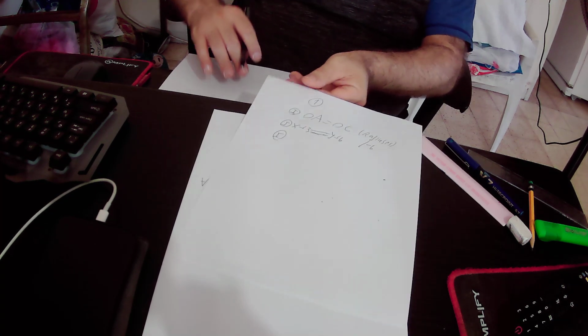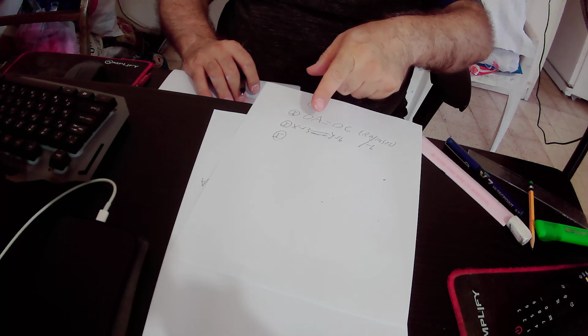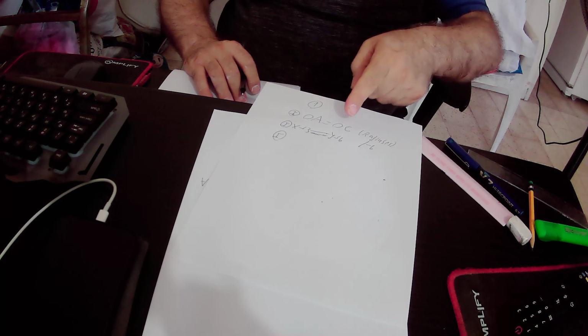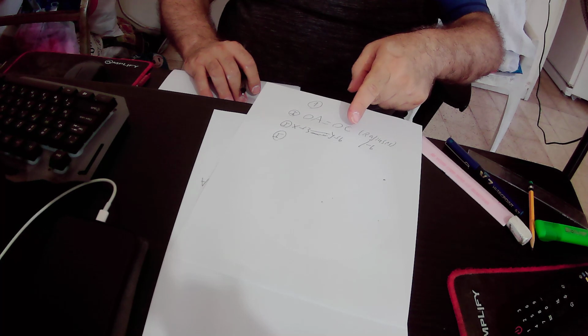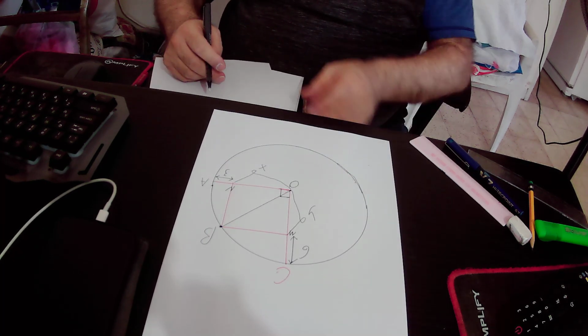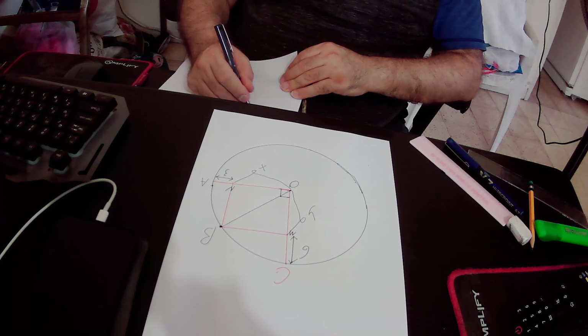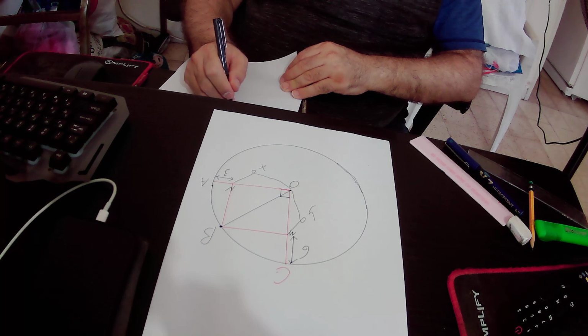So X plus 3 minus 6 equals X minus 3, and Y plus 6 minus 6 equals Y. So in total we will get that Y equals X minus 3.